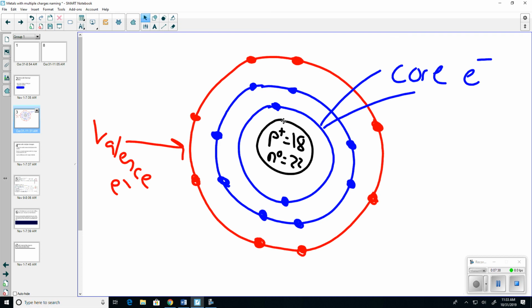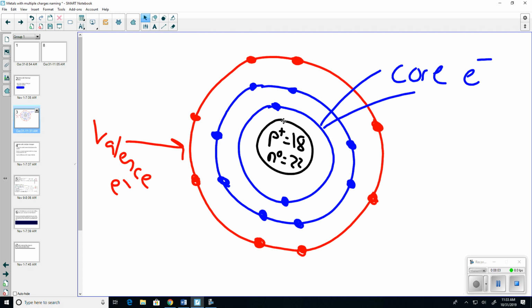That outermost ring, that's your valence, your outer electrons. My 2 rings in blue, those are the inner electrons, or called the core electrons. What the core electrons do is they block some of that attraction between the positive protons and the outer shell.